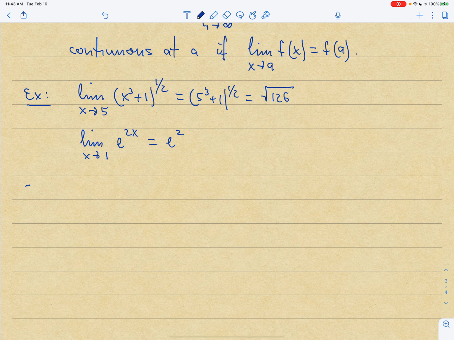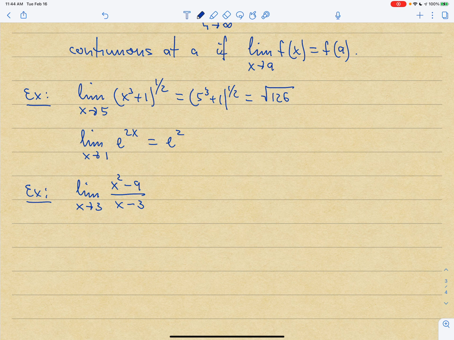What about another example, which is going to be very relevant when we're computing derivatives? Let's say I want to figure out the limit as x goes to 3 of (x squared minus 9) divided by (x minus 3). Can I use my continuous function idea to figure out this limit? Clearly not, right?